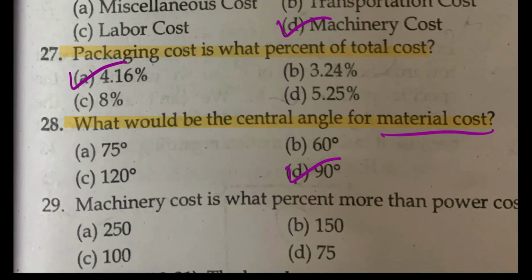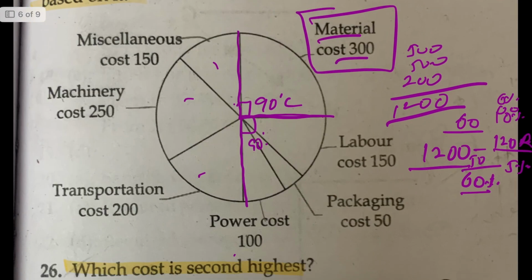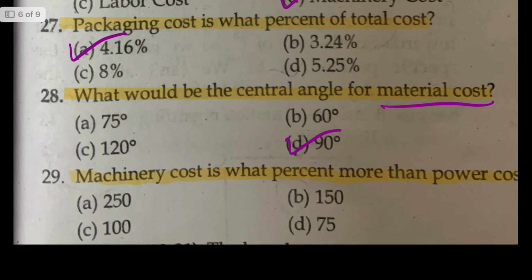For the 29th question, machinery cost is what percentage more than power cost? So we'll see for the machinery cost. Machinery cost is 250. Power cost is 100. So we need to find out what percentage more than power cost.